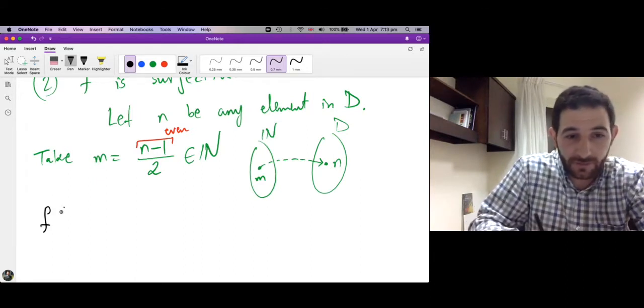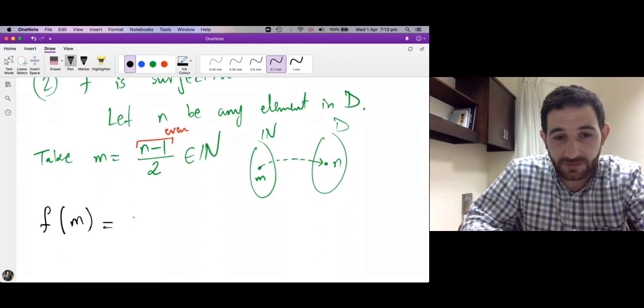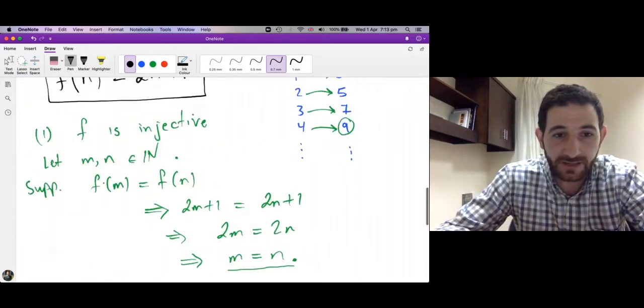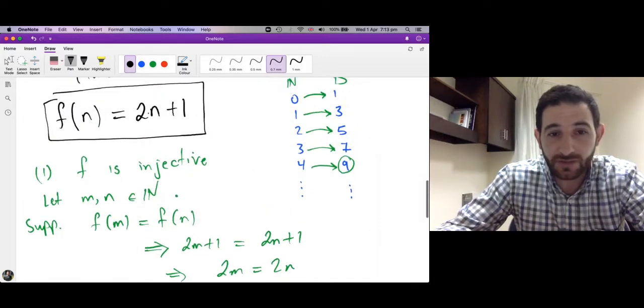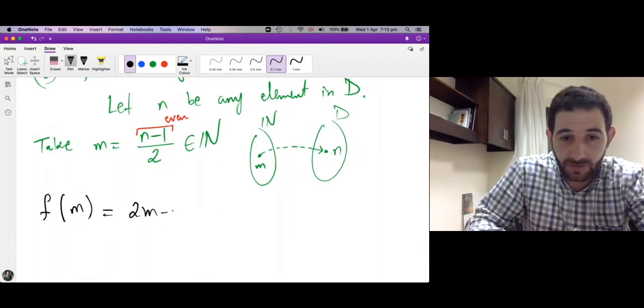So what is f of m? What is the function f? It takes an input, multiplies it by 2, and adds 1. So the image of m is 2m plus 1.